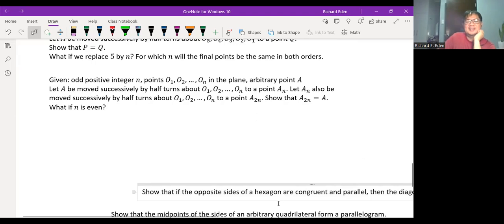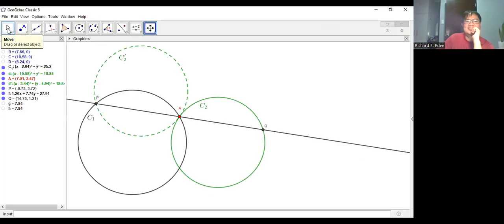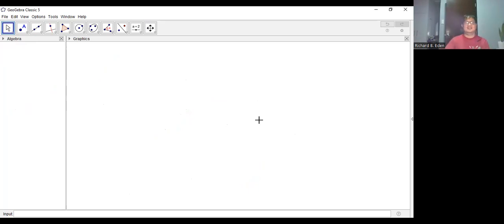Let's illustrate. Okay, GeoGebra. Okay, we don't need this. Wait, is GeoGebra already shared? Yes. Okay, so we have an odd number of points.